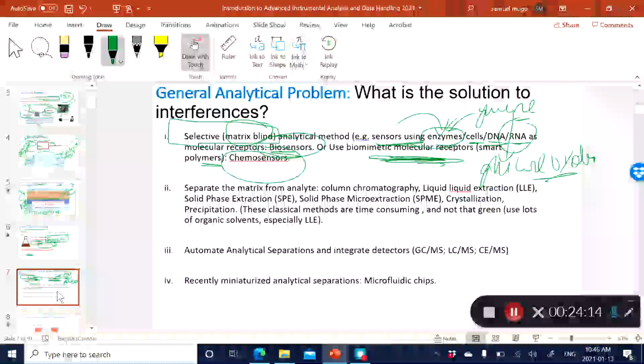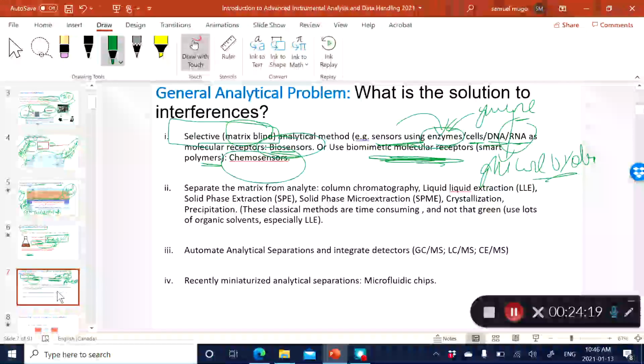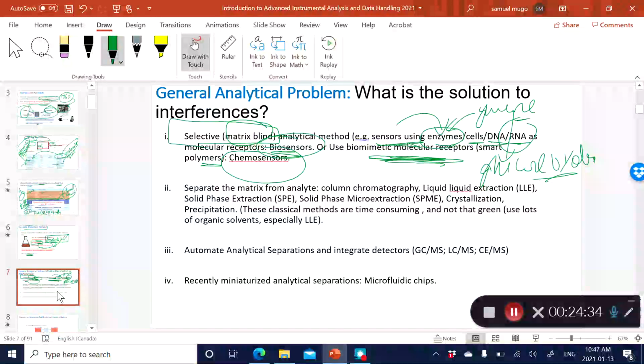So one solution is using sensors, using an instrumental method that is selective. But of course, that's a problem, because that means you have to make an instrument for every instrumental method, and that's a problem too. Sometimes you want methods that can analyze multiple types of analytes.